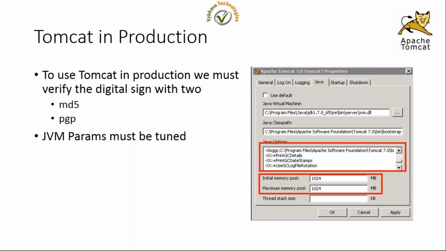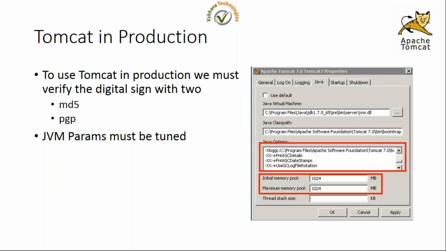Once we get Tomcat running, we can enhance its capability to run as a server. We are going to have some Java parameters. These Java options we can add to increase the RAM memory size you want to allocate for the JVM, and to collect garbage collection details of what is happening in the JVM.